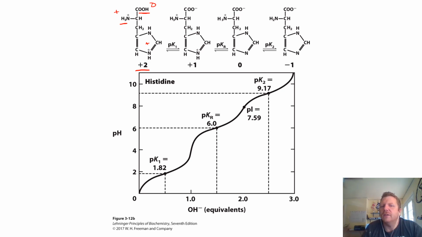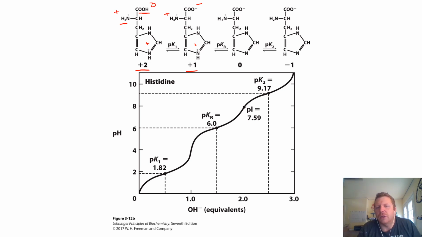As you add base to increase that pH, you're slowly but surely titrating away the hydrogen ions on that C terminus. So you're converting that C terminus from neutral to -1, in which case now you've got -1, +1, +1, so that's two positives and one negative, meaning that your overall charge is +1.